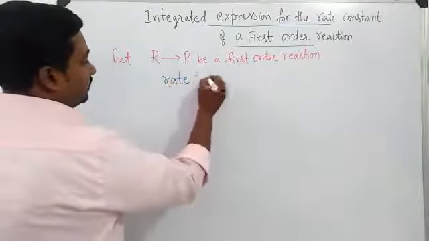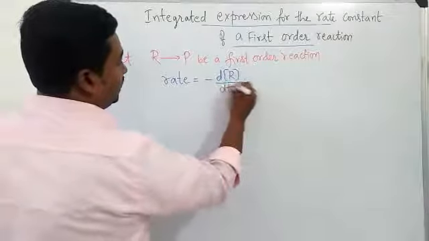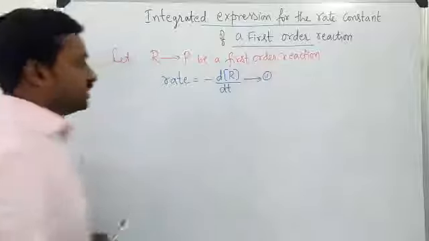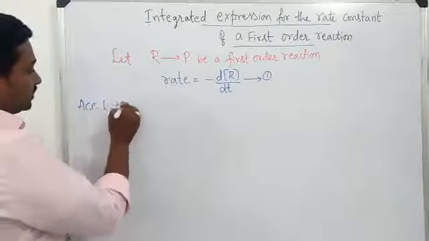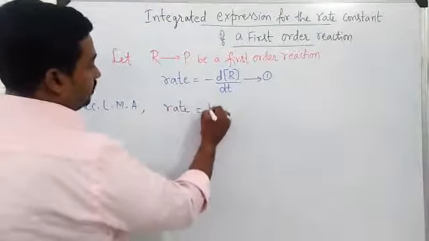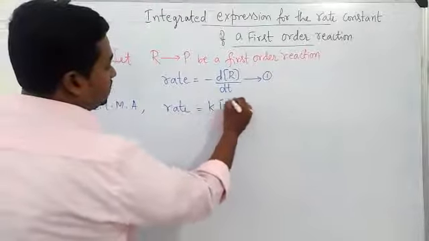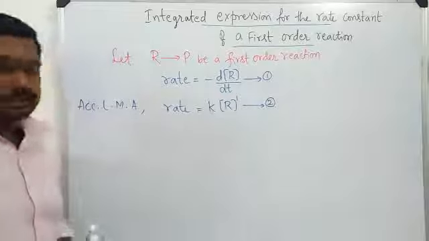Rate equals minus of dR by dt, and I call this equation 1 once again. Also, according to law of mass action, I can write the rate equation like this also. Rate is equal to K into concentration of R power 1. Let's call this equation 2.